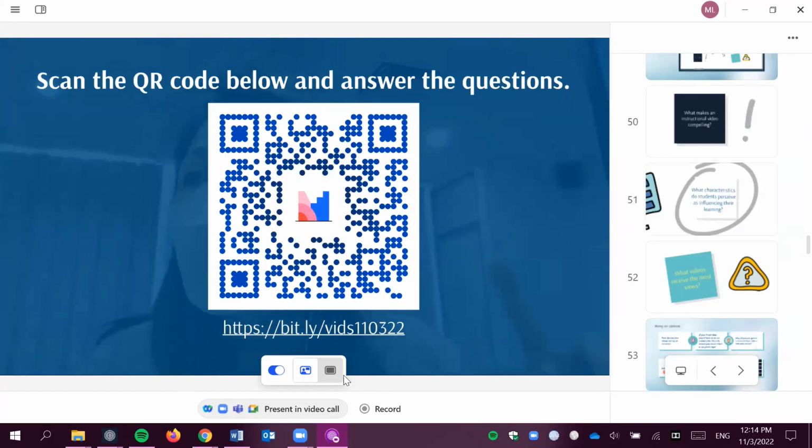Earlier, the screen where you see all the icons on my face is what the student sees. This one I'm showing you my screen as the instructor because I want to show the different buttons. So your students don't see all these things. The earlier screen that I showed is what your students will see.